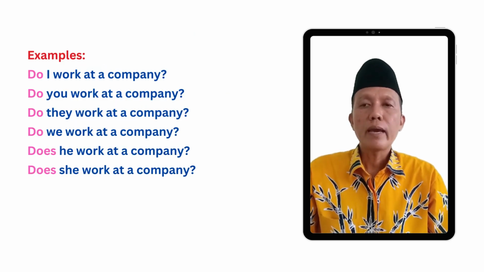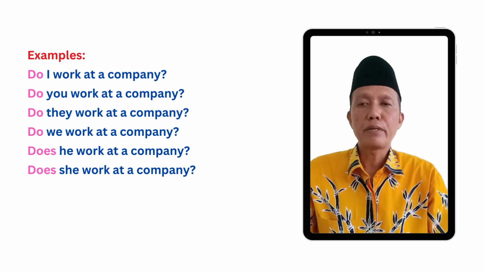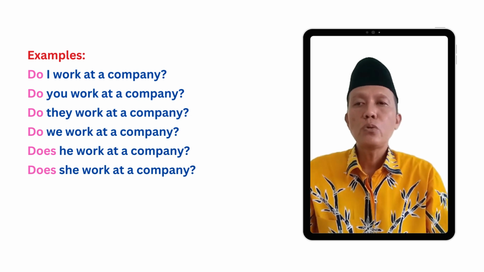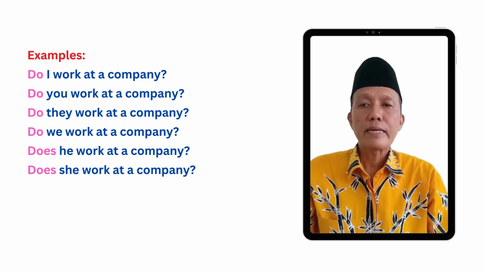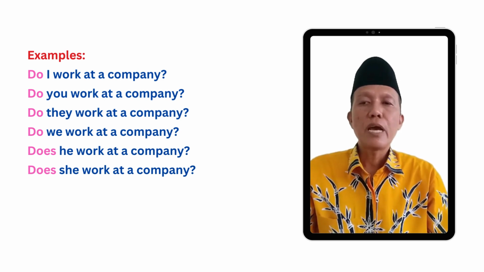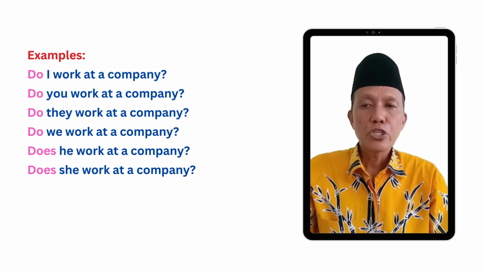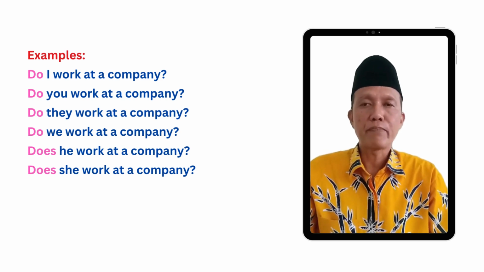Do I work at a company? Do you work at a company? Do they work at a company? Do we work at a company? Does he work at a company? Does she work at a company?